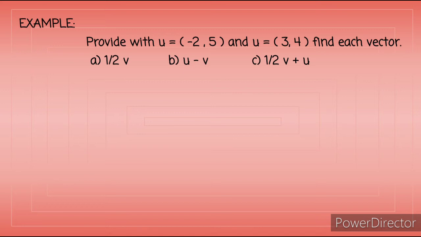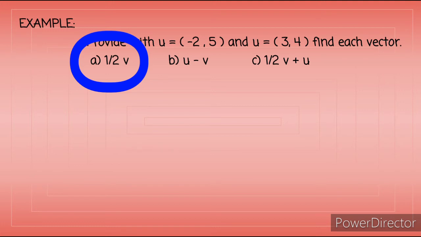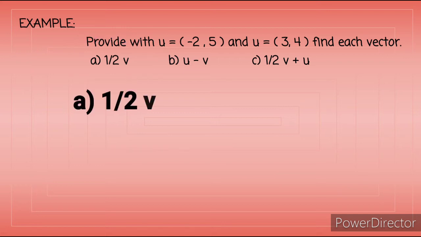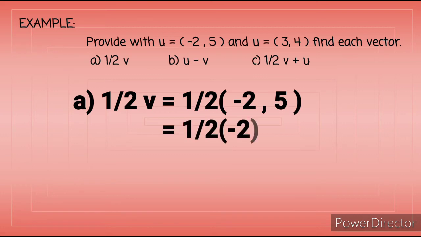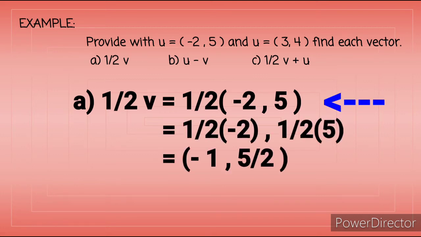Let's solve letter A first. In letter A, we have (1/2)v. Since the value of v is (-2, 5), we need to substitute v. Then it becomes (1/2)(-2, 5).